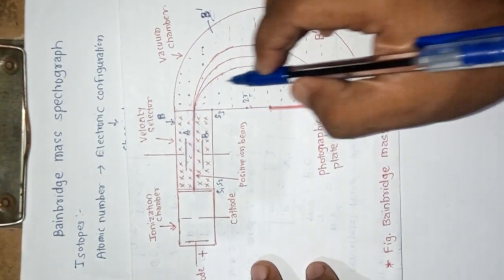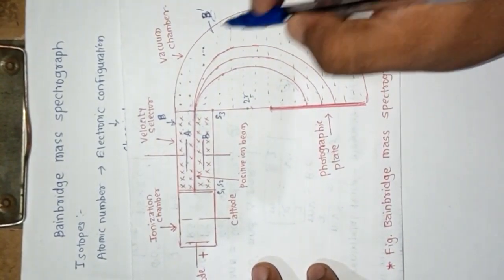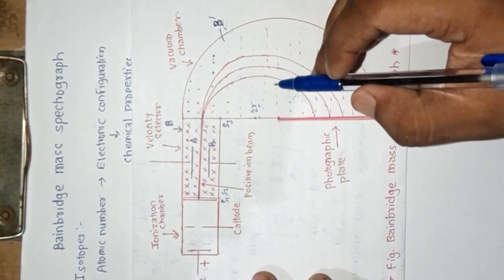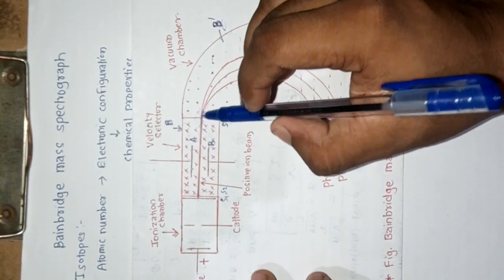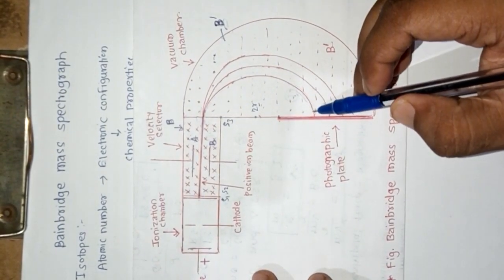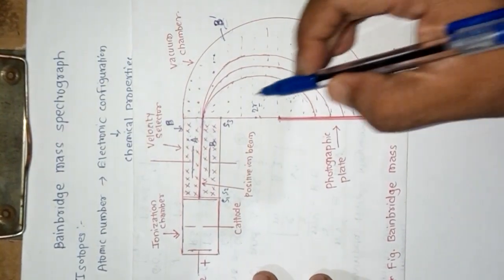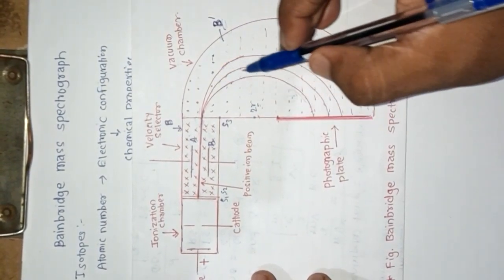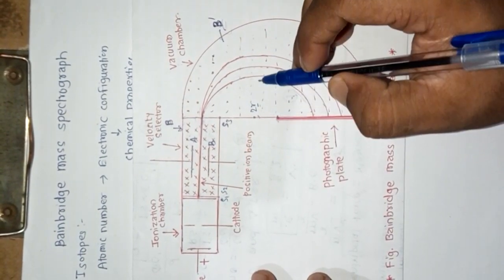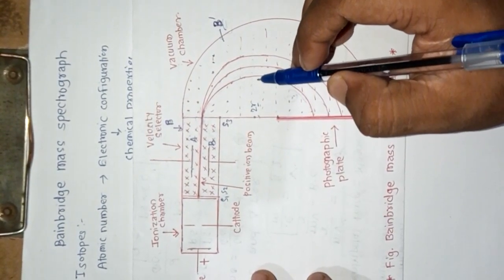Here another magnetic field is applied. When this beam comes under the influence of the magnetic field, the ions follow a semicircular path like this with different radii. These are the different semicircular paths, that means they contain different radii.